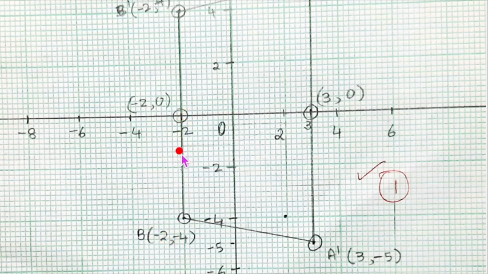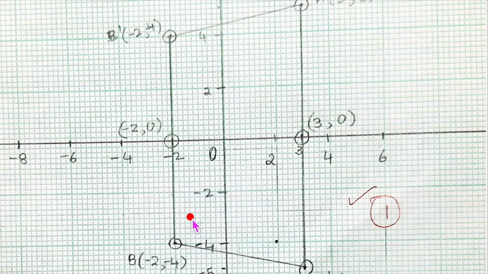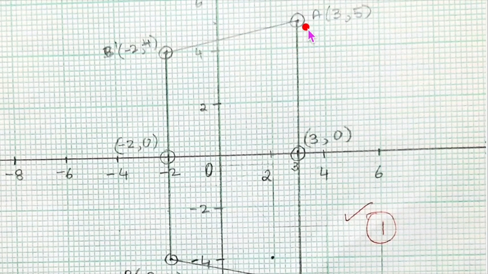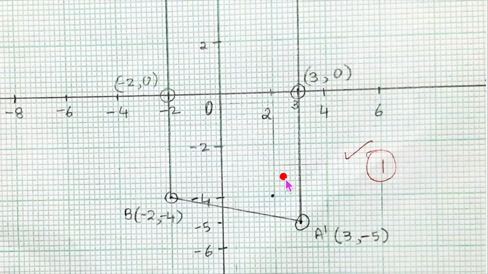So we come down from -2, and from -4 we come this way, and this is our B. Okay. Now they ask us to reflect A in x-axis. So this is your A dash. So A was (3,5). So it became (3,-5). Can you see this is -5 here, y coordinate. So this is your coordinate of this point.